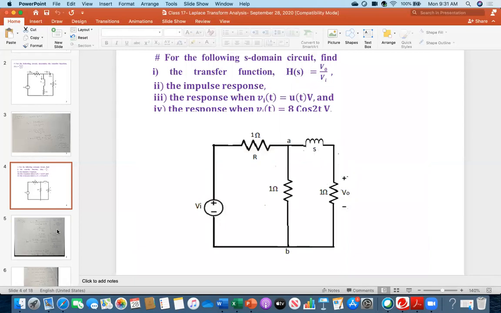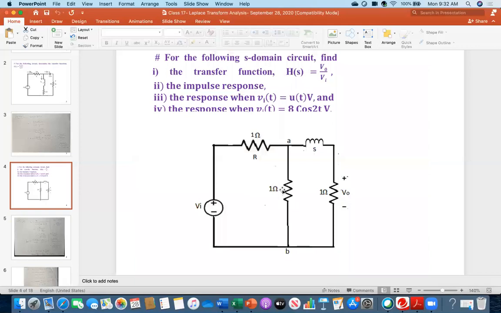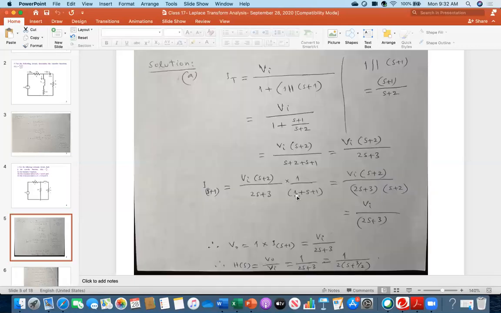The total current multiplied by 1, divided by 1 plus S plus 1 plus this one. And then I am simplifying. So after simplification, I got Vi over 2S plus 3.